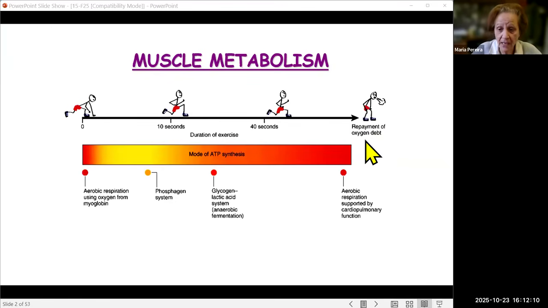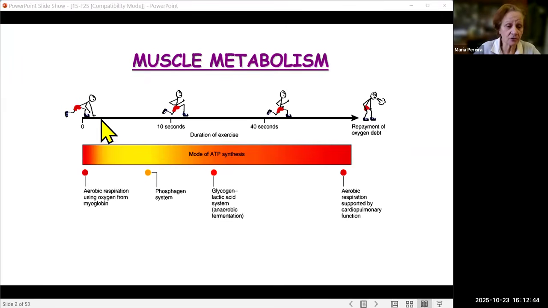But then at the end, when you might run out of oxygen, you have to stop and you're huffing and puffing. And this is the stage at the end of the exercise or at a certain point of the exercise where you run into oxygen debt. So you don't have enough oxygen, so you have to breathe fast to bring more oxygen into the body to reestablish all these systems, especially the aerobic system that requires oxygen, but the phosphagen system also requires oxygen.